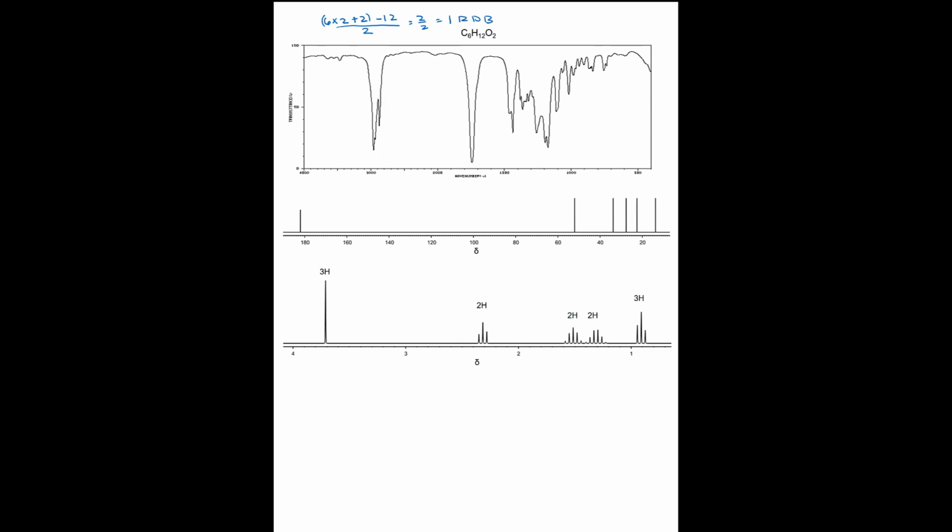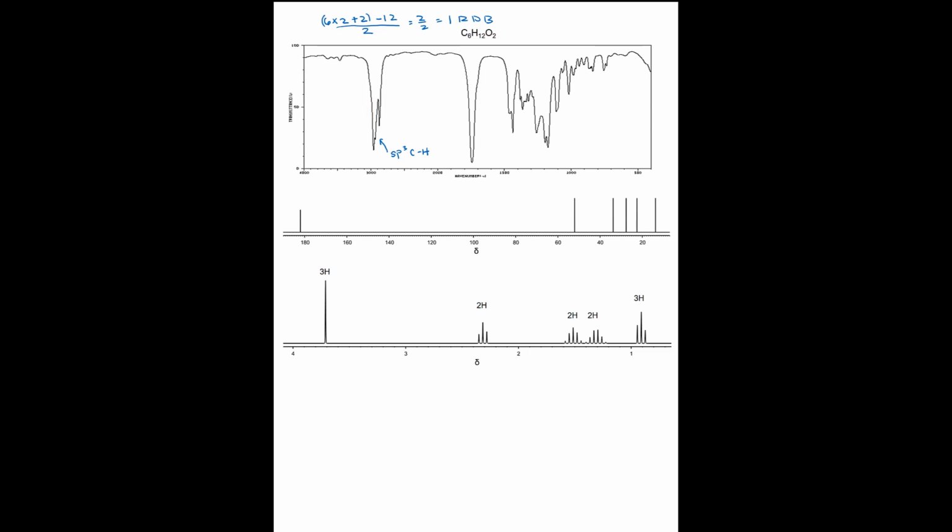The next thing you want to do is look at the IR to see if there's any functional groups that pop out. The first thing that I observe here is that these peaks, these carbon-hydrogen stretches, are less than 3,000. So I have sp3 CHs. The carbons in the structure are all going to be single bonds, or they will have carbon double bonds with no hydrogens on them.